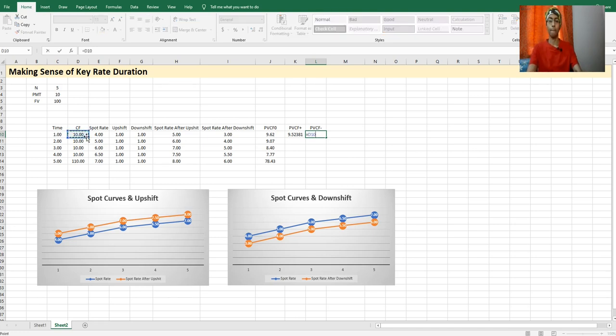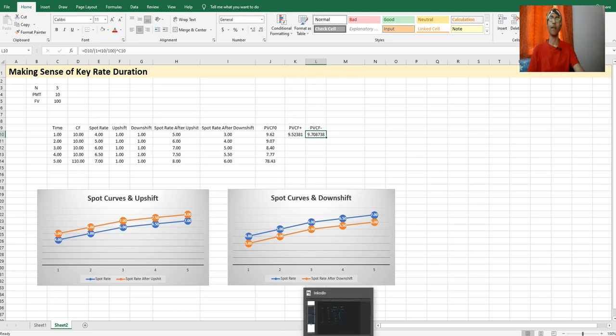10 divided by 1 plus rate after the downshift by 100 to the power time. Okay. So, this is coming to 9.5238 and 9.7087, right?